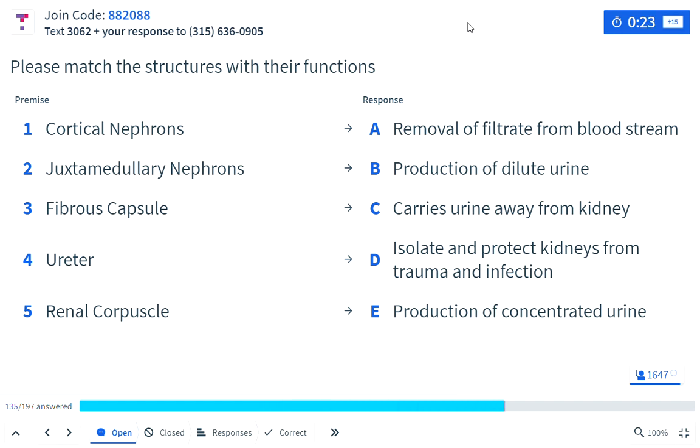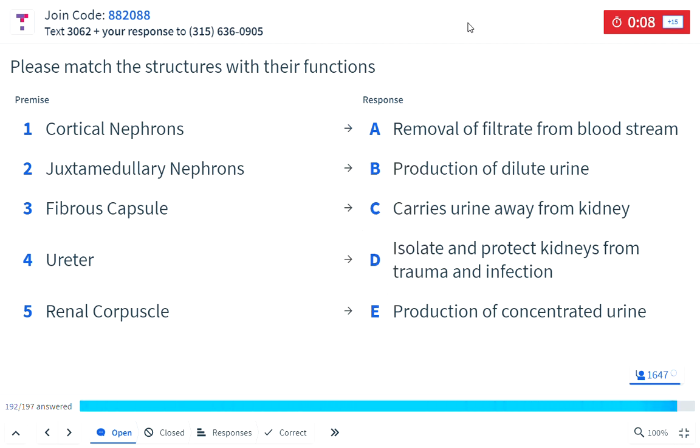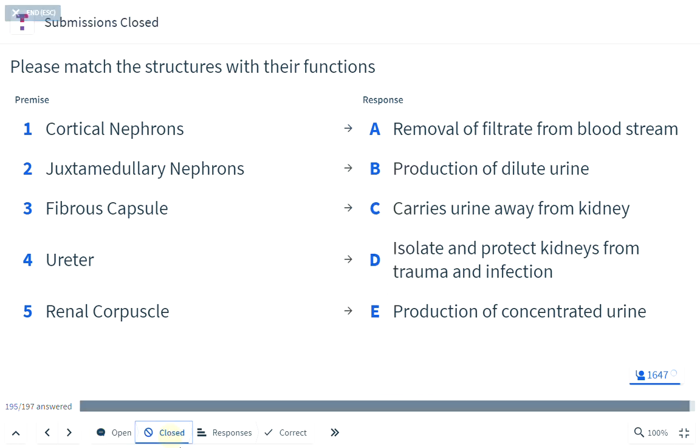If you have not submitted an answer yet, please submit an answer. It looks like we have a few lingering individuals. It's okay if you get it wrong. This is a participation question. 10 seconds. All right, and we're done.